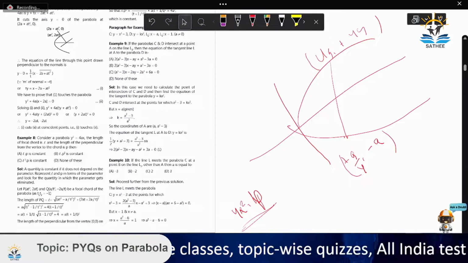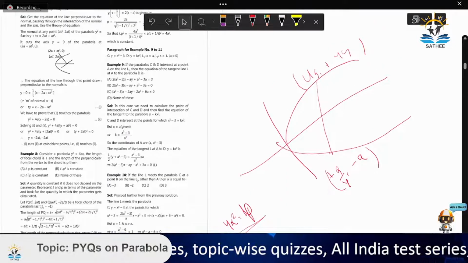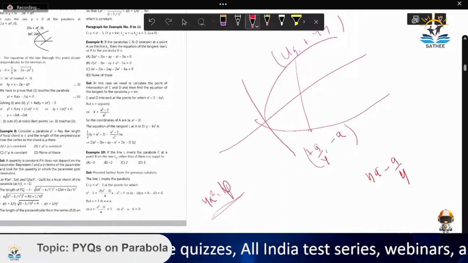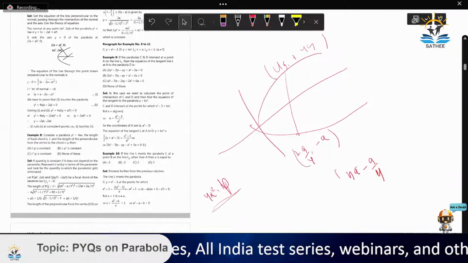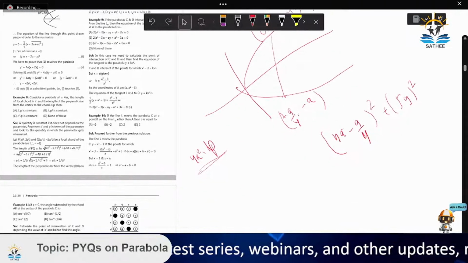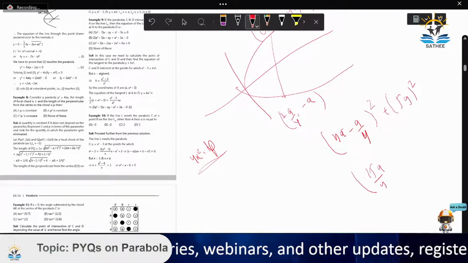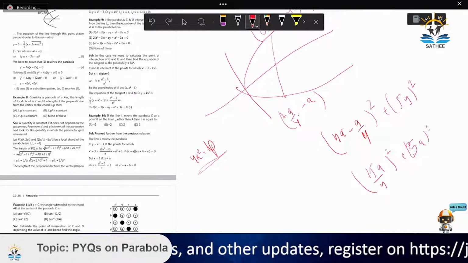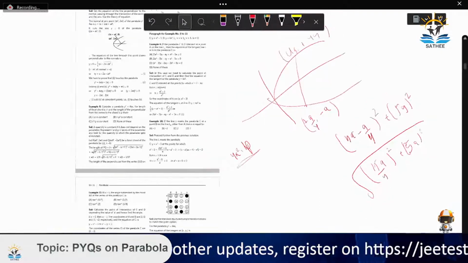So I know the length of the chord would be root of (4a minus a by 4) whole square plus (5a) whole square, and this would give me 15a by 4. This is my L.